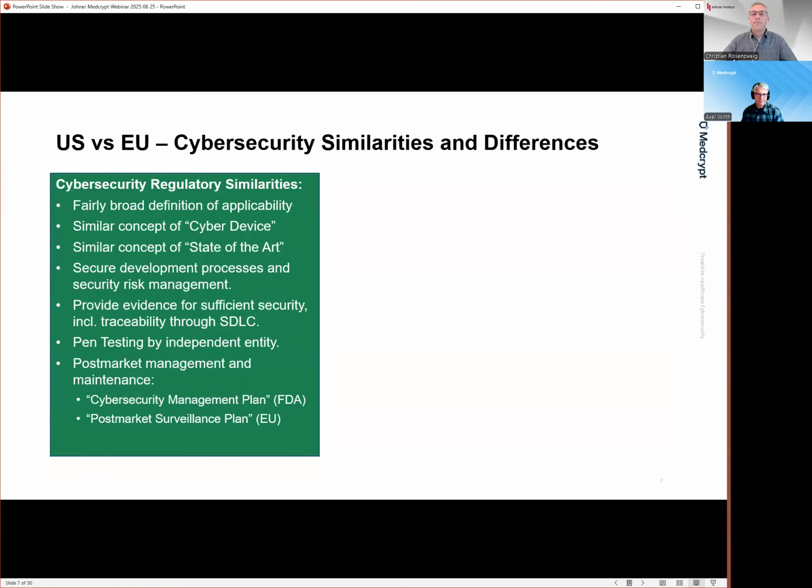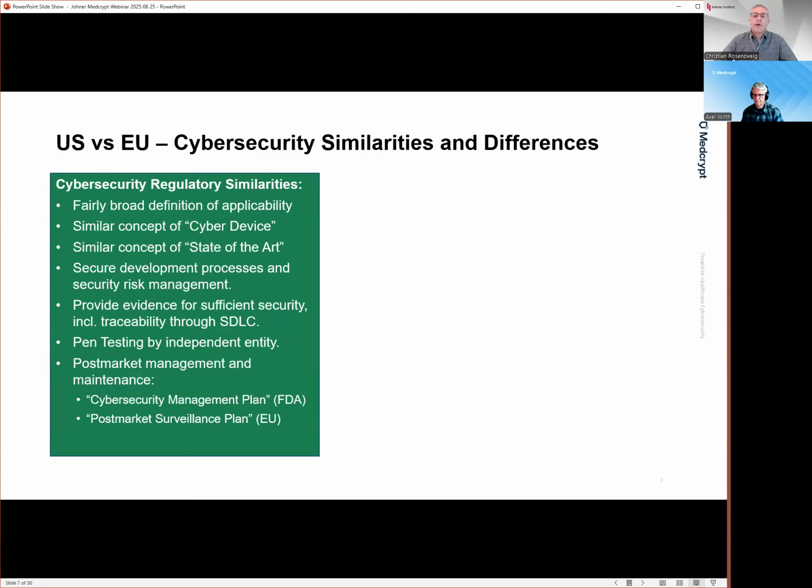Yeah, and if you talk about similarities between both markets, then both markets have a fairly broad definition of applicability. You could even say if software is involved in the device, then cybersecurity efforts are applicable. By this, both markets have a similar concept of cyber device. They also have a similar concept of state of the art.